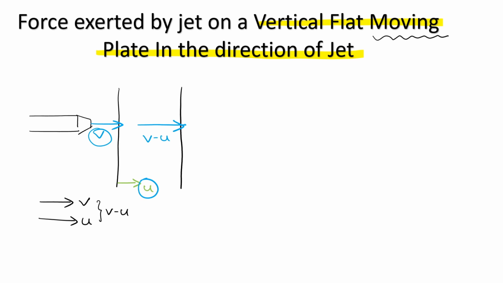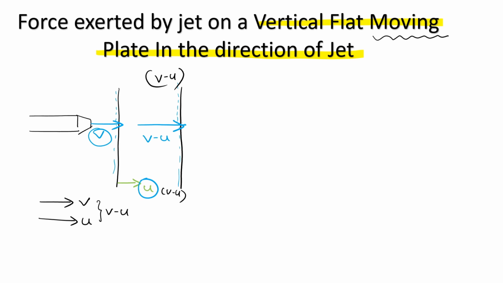And as we all know, if a jet of water strikes on the plate, it will be deviated. So here v minus u will also be deviated as v minus u and v minus u. The flat plate that we are considering here is a smooth flat plate, so there won't be any loss of energy.